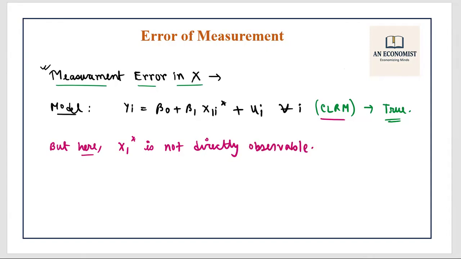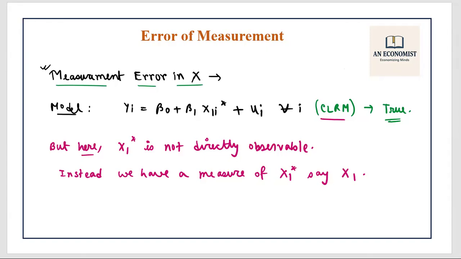So what we do instead, we have a measure of x1 star. Measure means a proxy of x1 star. Say it is simply x1.